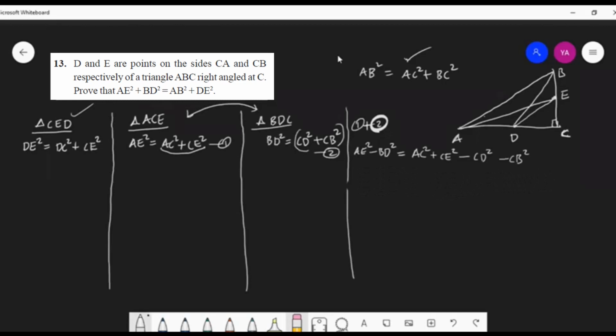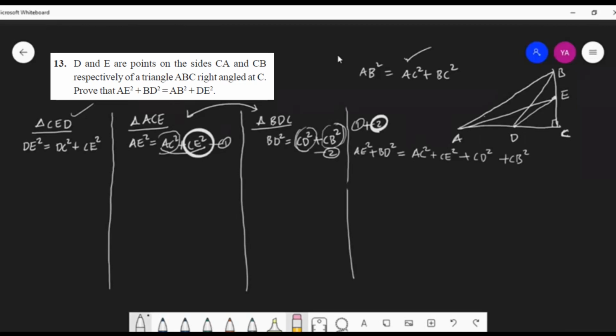Yes, because you look here, AC square is here, CB square is here. If you add these two, you will get AB square, right? And CE square plus CD square, if you add these, you will get DE square, right?